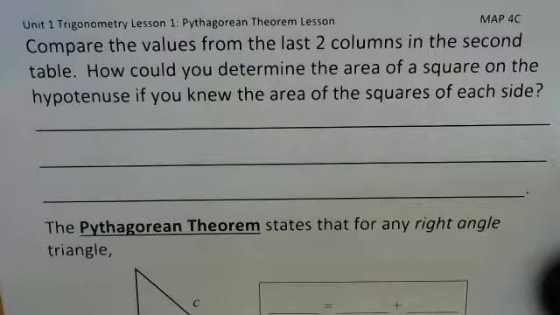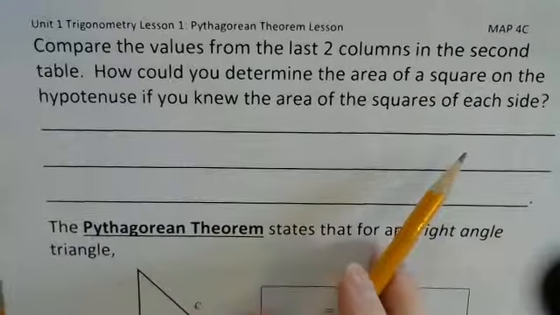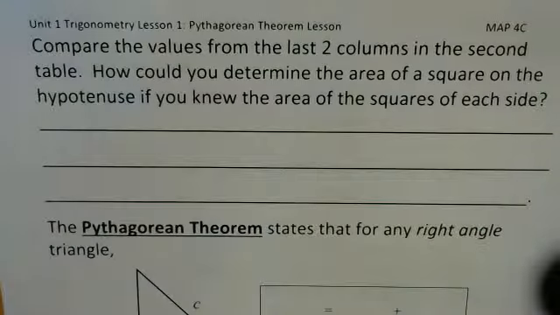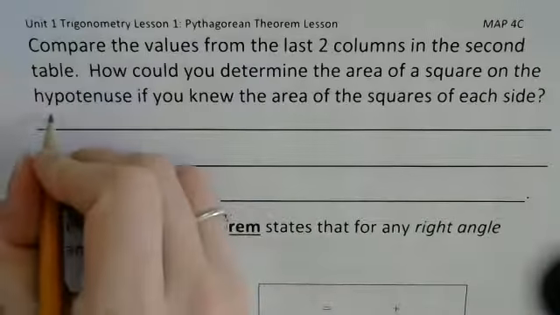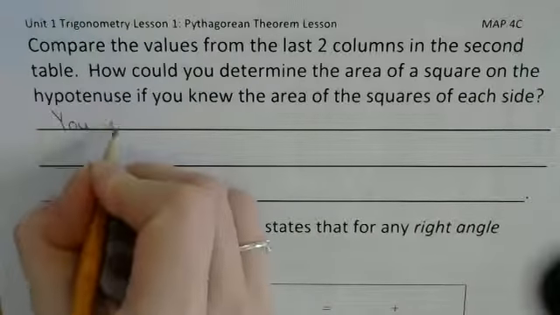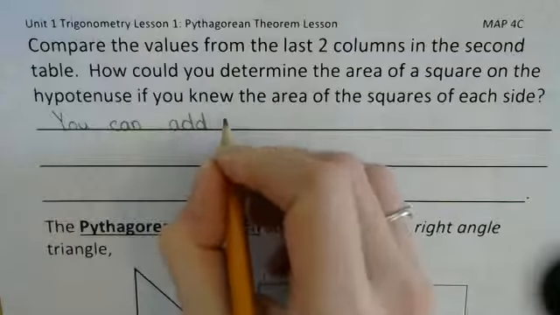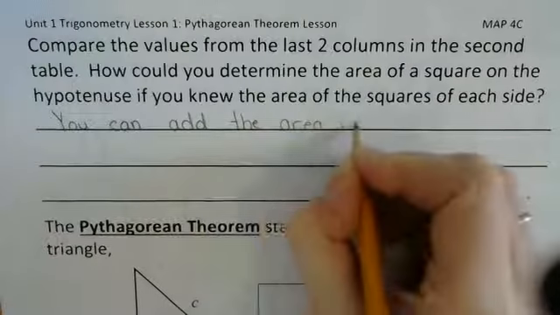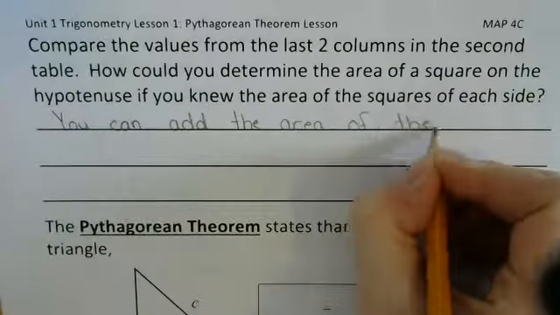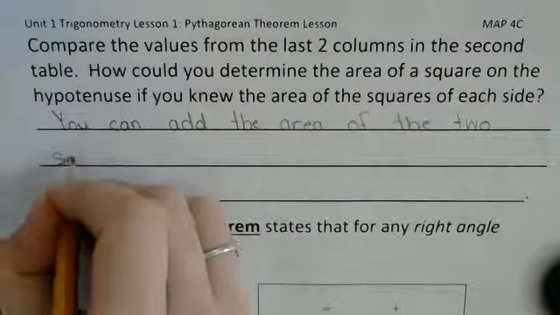Remember that was C. If you knew the area of the squares on each side, well, we could just add the area of the two, and they always end up being the two smaller squares.